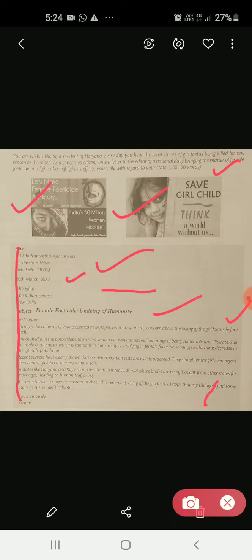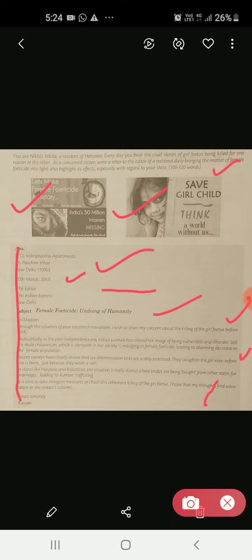They slaughter the girl even before she is born just because they want a son. So, here in the second paragraph, information is given, details are given, cause, effect, and everything is written here. In states like Haryana and Rajasthan, the situation is dismal, where brides are being brought from other states for marriages, leading to human trafficking. So, students, the problem, cause, and effect of this problem is mentioned in your second paragraph.